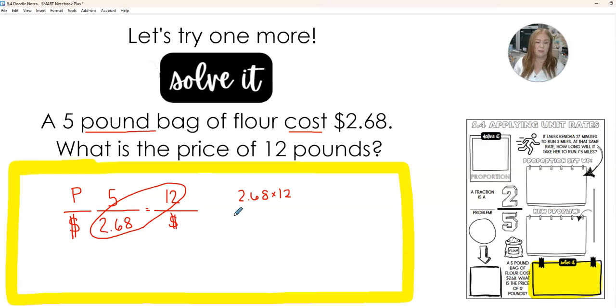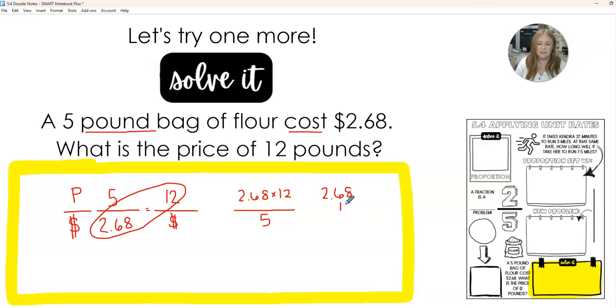So we have that new problem, and then we're going to divide it by 5. So the one you crisscross is what you multiply, and then you divide by the other number here. So we have $2.68 times 12. So if you have room in the box or down at the bottom of the page or on the side, wherever you can find room, let's go ahead and do that.